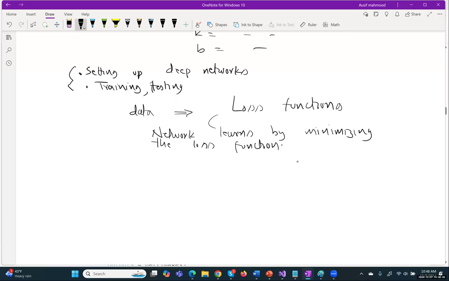Okay, so we went through a few of the loss functions.